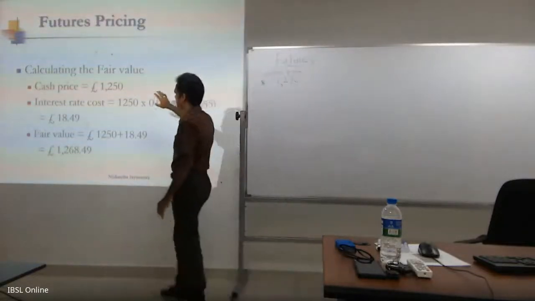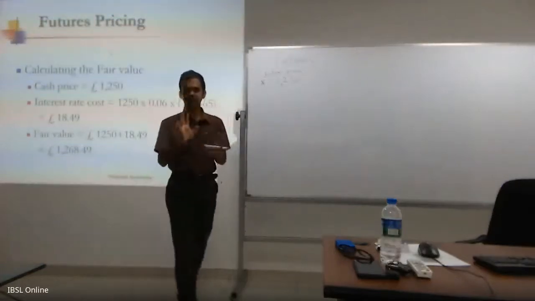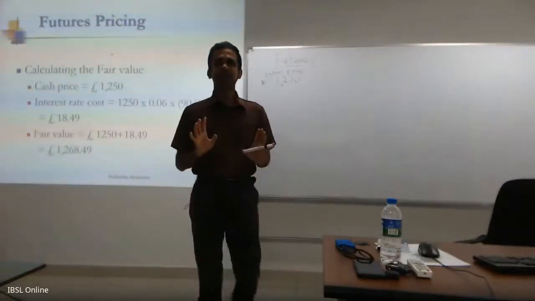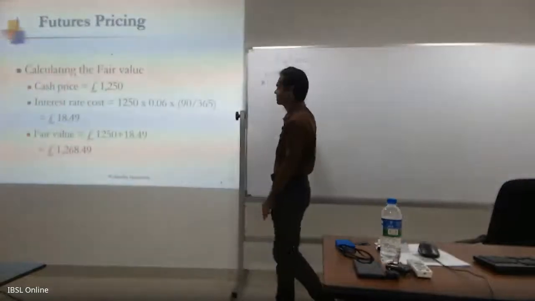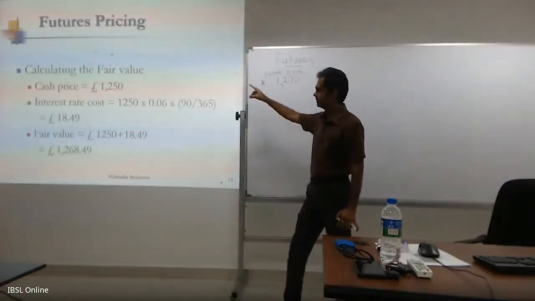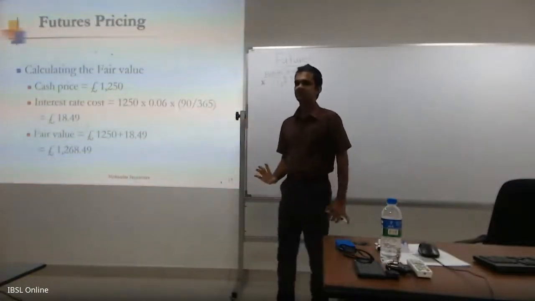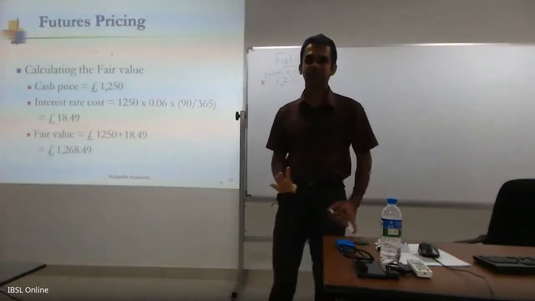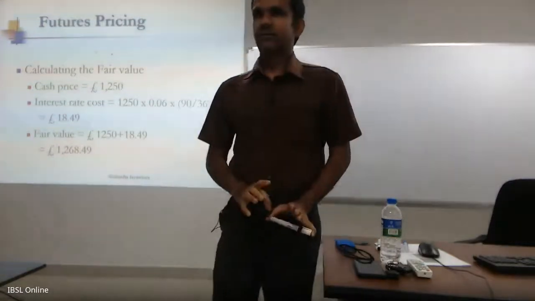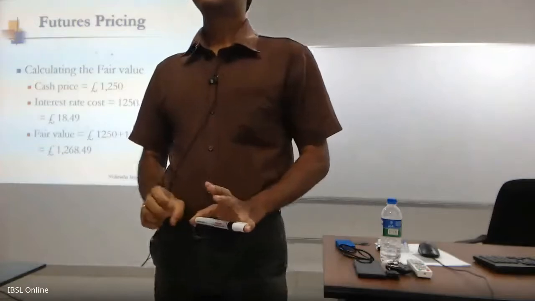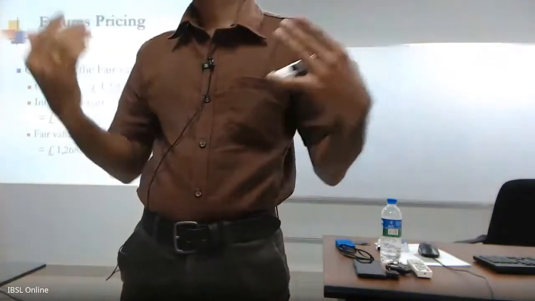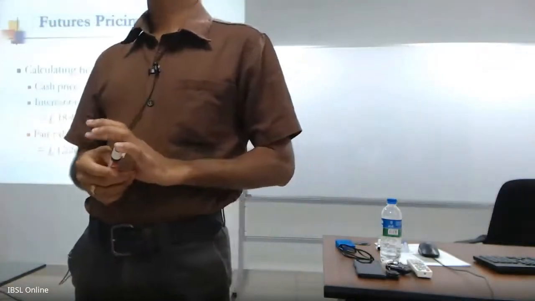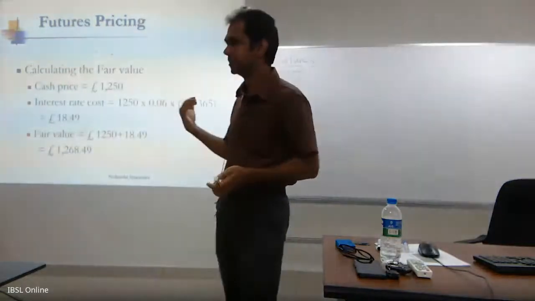Cash price is 1,250. Interest rate is 6%. That is given. When we do the calculation, it should be 1,268.49. There's a mismatch. That means there's an arbitrage. What is the arbitrage?